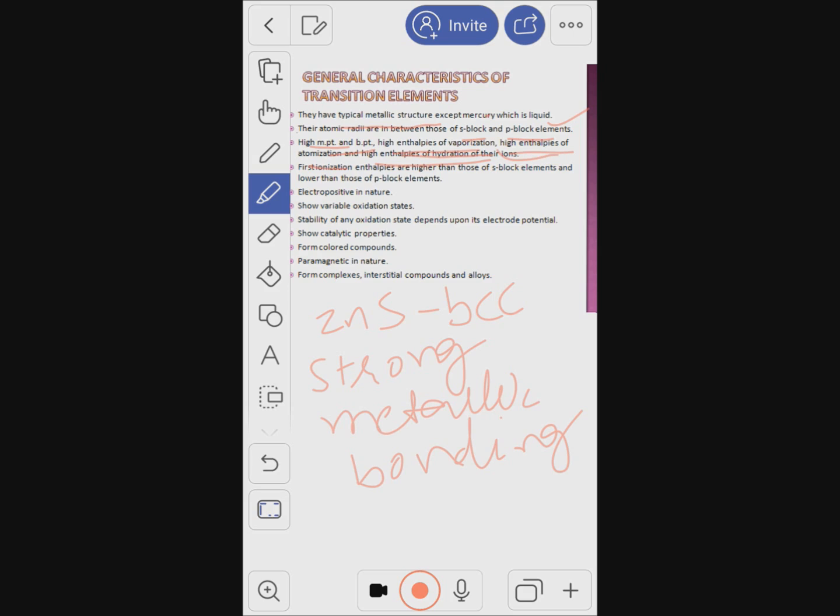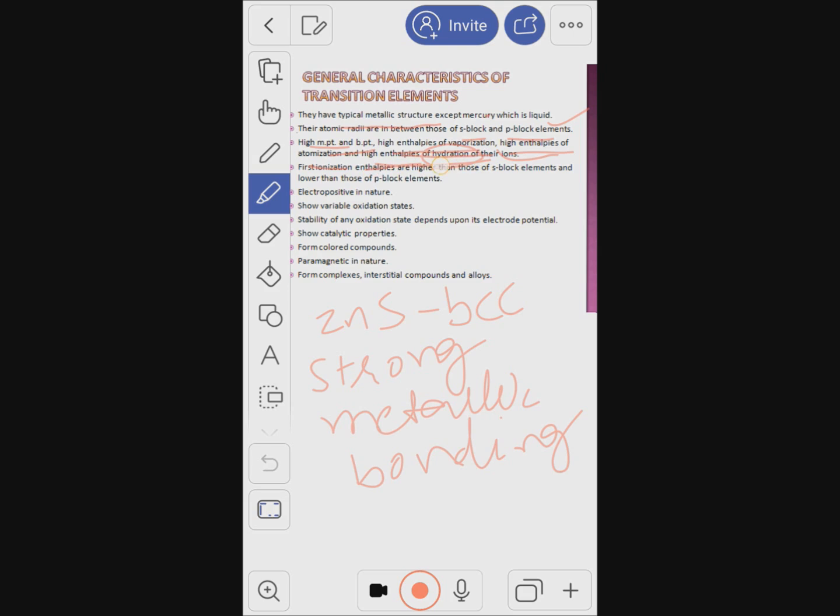Next is they have high enthalpies of atomization, means energy required to change the metal into metal atom. And high enthalpies of hydration means hydration enthalpy.